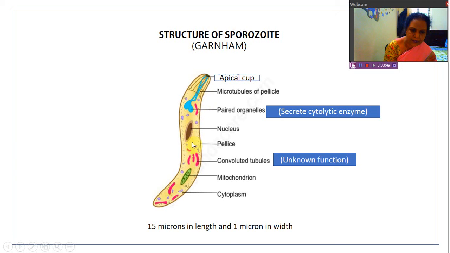Nucleus is there. Convoluted tubules are there whose function is not known. And we can also see mitochondria. This is the sporozoite, which is the infective stage. And let us continue the topic in the next video.